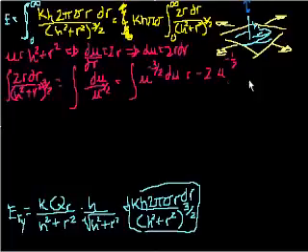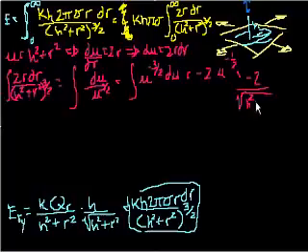Since we made that substitution, this equals minus 2 over the square root of h squared plus r squared, because u to the minus 1/2 is the same thing as 1 over the square root of u. So all of the stuff I did in magenta was just to figure out the antiderivative of this, and we figured it out to be this: minus 2 over the square root of h squared plus r squared.